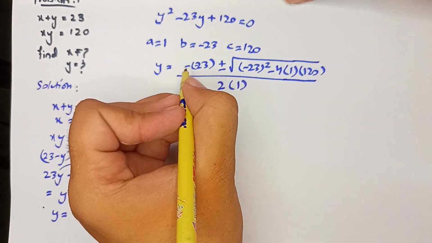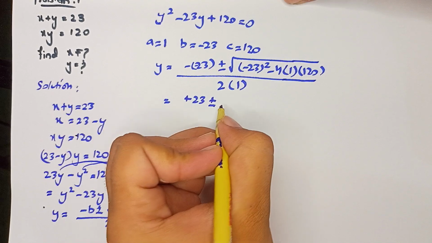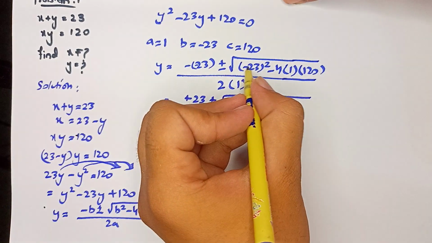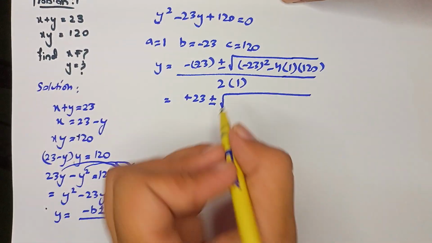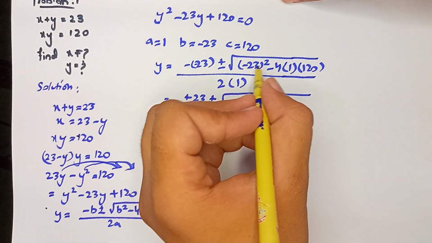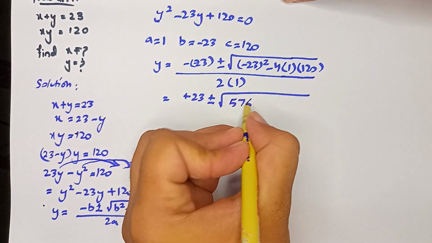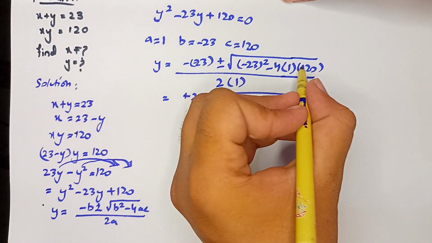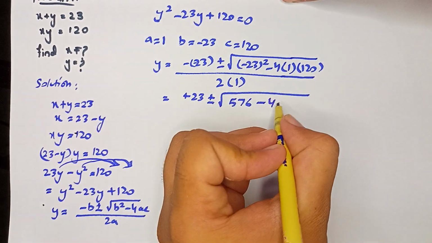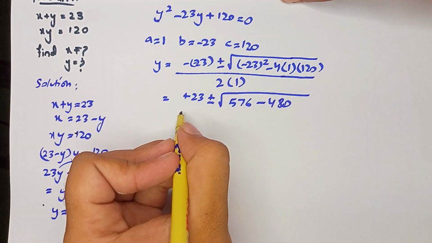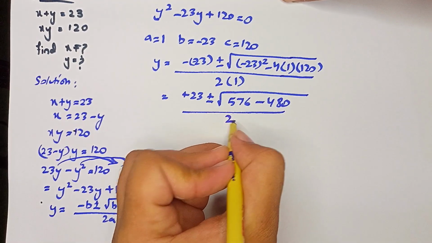Minus and minus gives plus 23 plus minus 23 whole square. Then we have to calculate this. 23 squared is 529, and 4 multiply 120 is 480. 2 multiply 1 is 2.